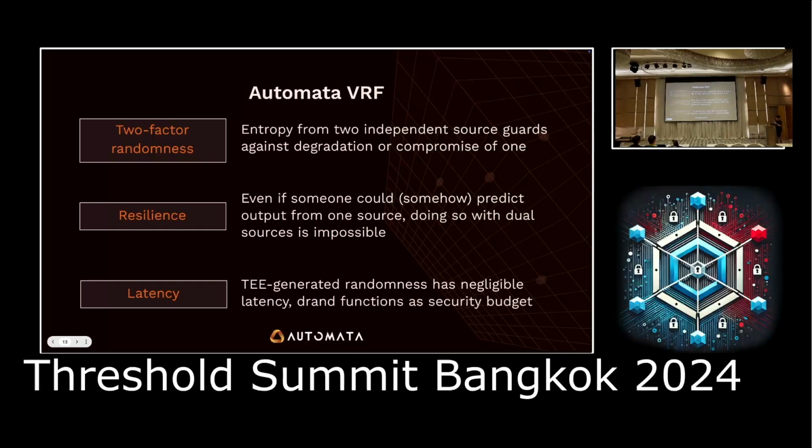So in this case, DRAND acts as a secure buffer to increase the whole security level when generating randomness. And because in the TEE environment, it can achieve instant latency when generating a new random number.